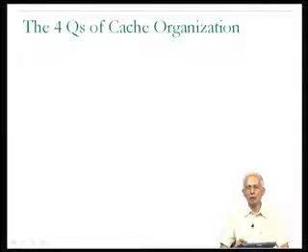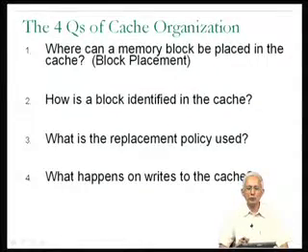Okay, now when people talk about the organization of caches, they typically stress 4 design parameters of caches, and I will talk about those 4 design parameters in terms of 4 questions that are addressed by settings of design parameters. So, I will talk about the 4 Qs, the 4 questions of cache organization. First of all, among all the different cache locations, cache blocks, for a given main memory block, where could it be placed inside the cache?